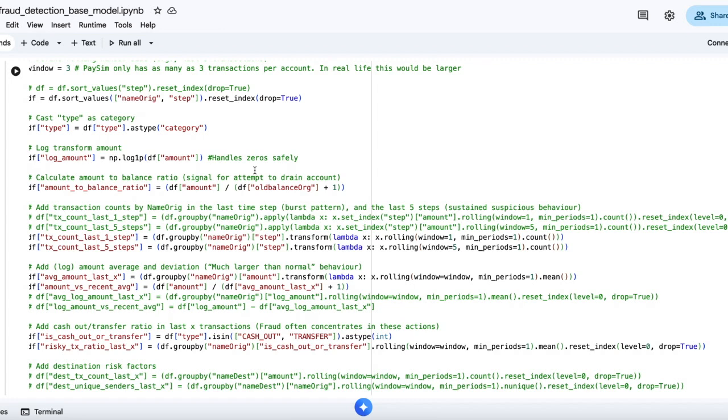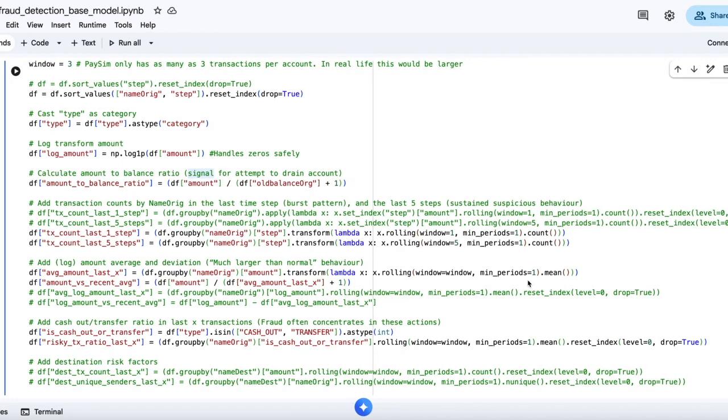I'm not replacing the original amount though, I'm keeping both and letting the model decide. It would really help the model learn if we give it more context, such as pre-calculated ratios. I've added a transaction amount to account balance ratio to our dataset.